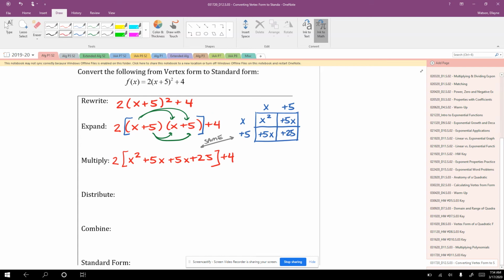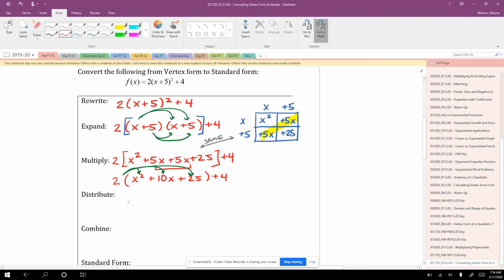I'm going to go ahead and combine like terms right here. I'm going to combine these two, which is the same as combining these two. And I'm just going to change the brackets back to parentheses. Now I'm going to distribute that 2 to each of these terms.